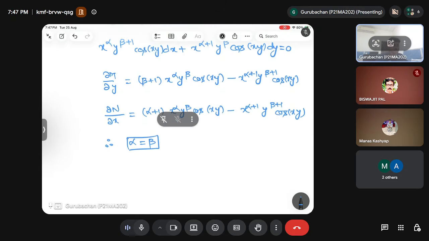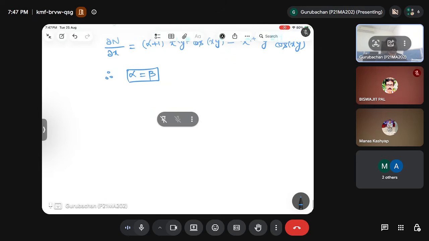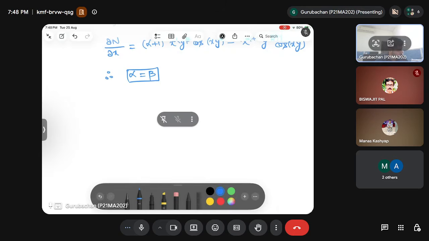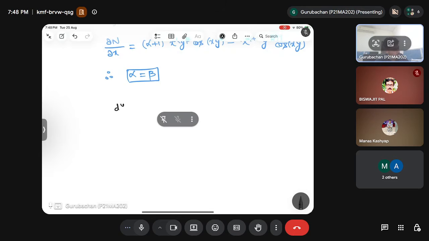So let us move to the next one, that is the simple linear differential equation. What will be the integrating factor in case of a simple linear differential equation? Can anyone guess? Suppose you have an equation of this kind.